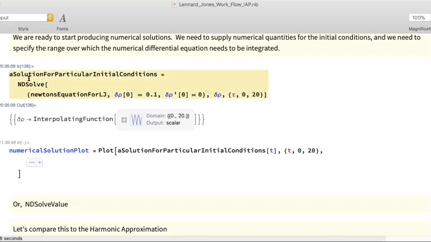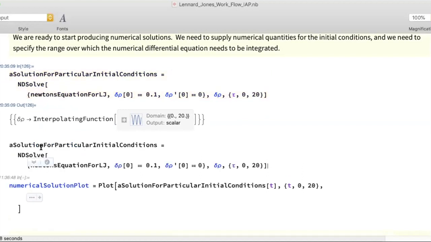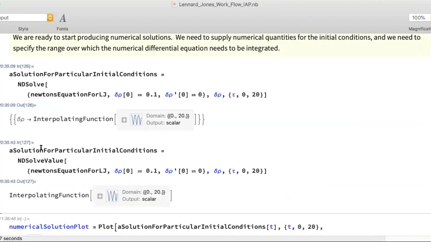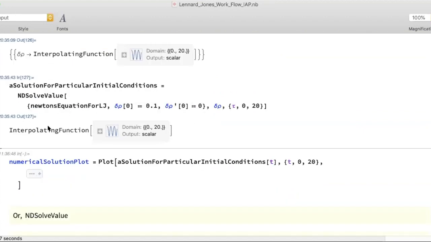So that one, ndsolve, gave me this replacement rule. And here I'm just going to ask for what is the solution. Right, so my solution is something called an interpolating function. And all an interpolating function is, is a very rapid lookup table for finding numerical values from an array of numbers.